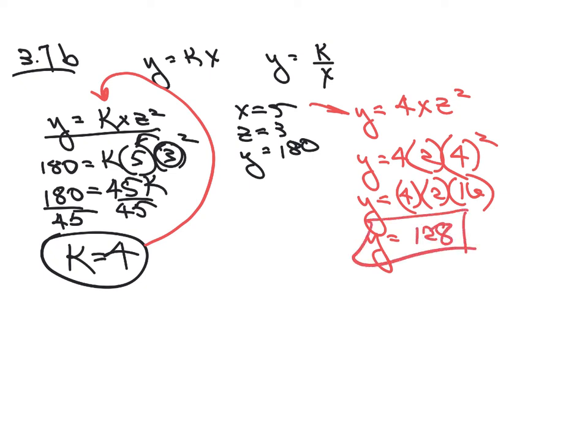So that ends up being my answer. We found y there. So remember, you find k first, and then you plug k in, and then you plug in the rest of what they give you, and they have to give you enough so that it's easy to find what they're looking for.